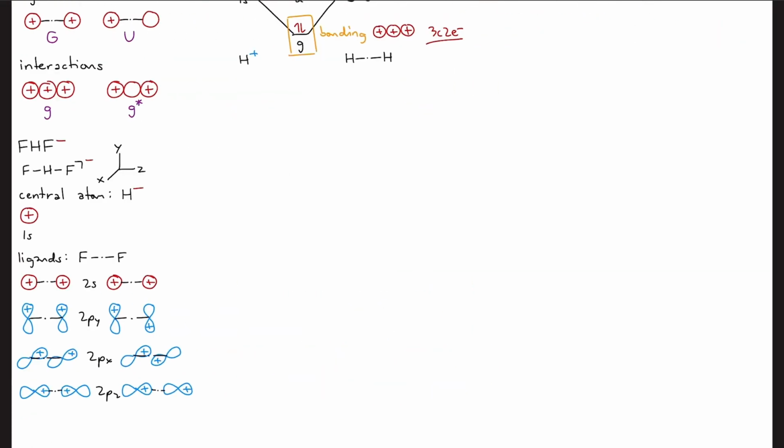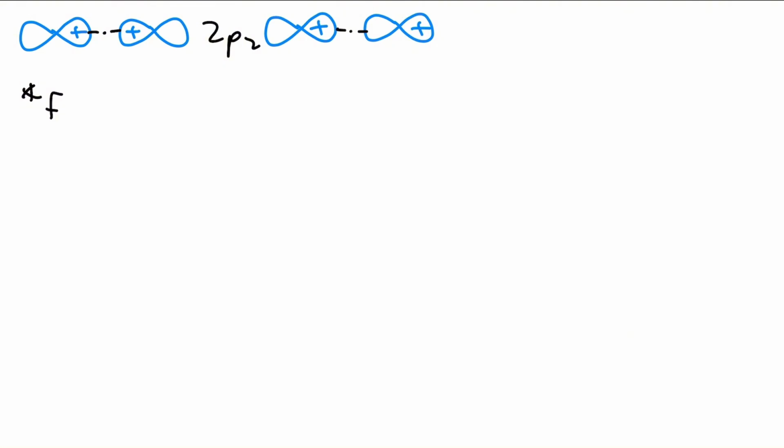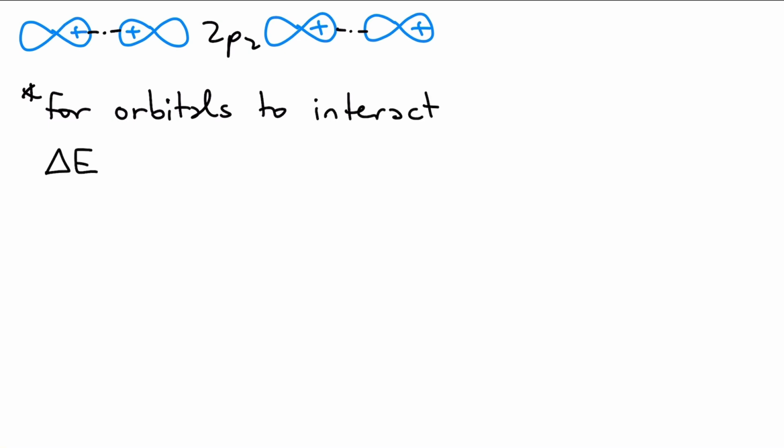And for the orbitals to interact efficiently, the energy difference of the orbitals must not exceed around 13 electron volts, let's say. But there are some cases that, maybe 14 electron volts, they can still interact. But this is a general rule of thumb, let's say.